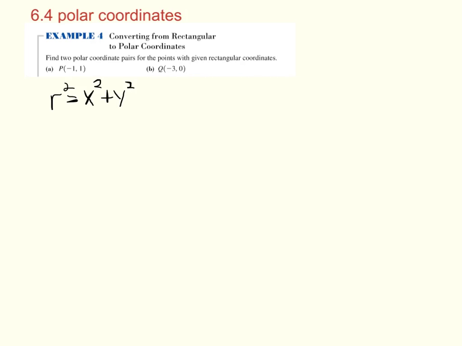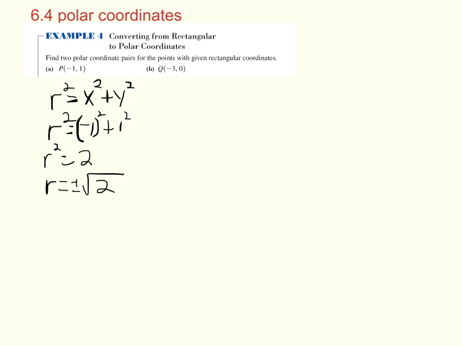And with the point P, that means that r squared is going to equal negative 1 squared plus 1 squared, which equals 2, which means r is going to equal plus or minus the square root of 2. Okay.